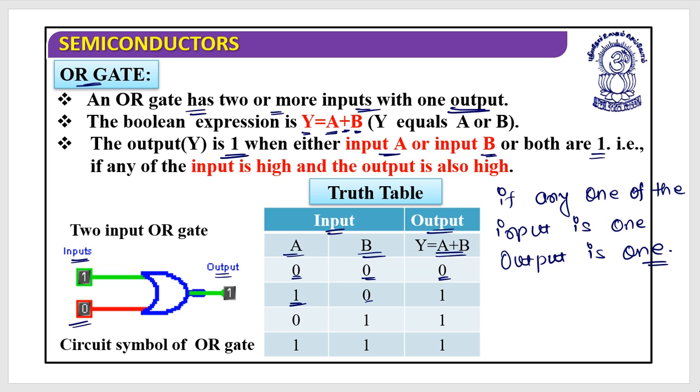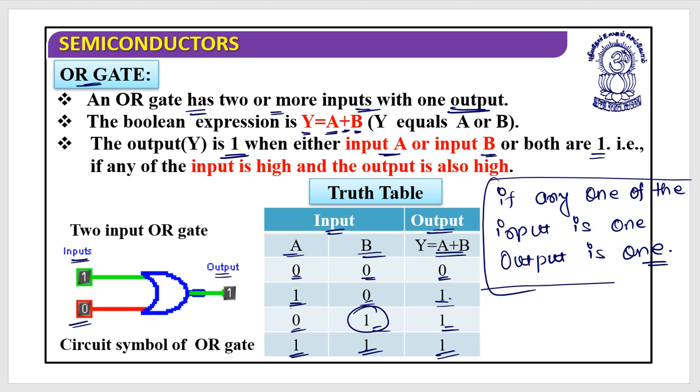When we provide 1 comma 0, the output will be 1, because any one of the inputs is 1. Now when it is 0 comma 1, again the output will be 1, because this one is 0 and this one is 1. And when the input is 1 comma 1, the output is 1. I hope this is clear. It is only the concept: if any one of them is 1, the output is 1. It is as simple as that.